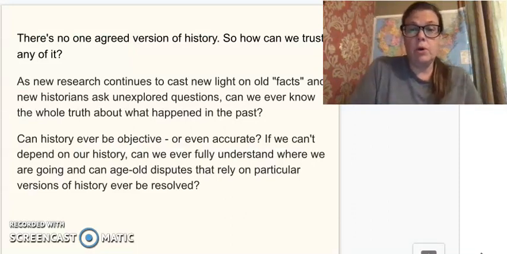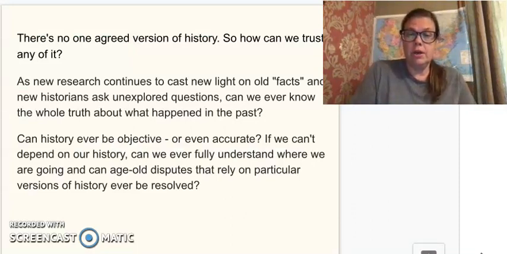Keep in mind, there's no one agreed version of history, so how can we trust it? As new research continues to cast light on old facts and new historians ask unexplored questions, can we ever know the whole truth about what happened? What is the truth? How do we know it? Can history ever be objective, or can it ever be accurate?